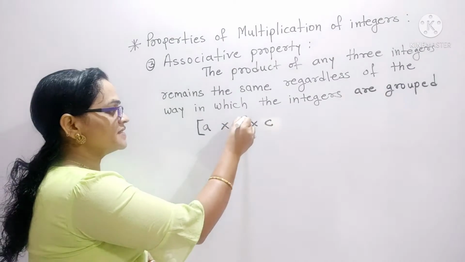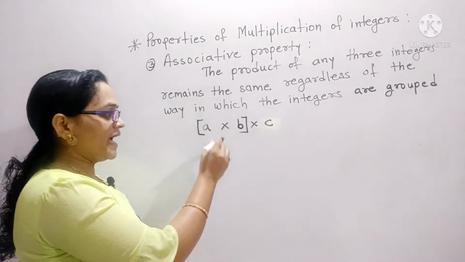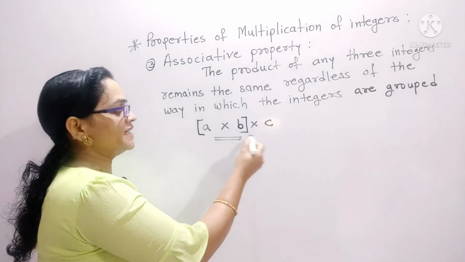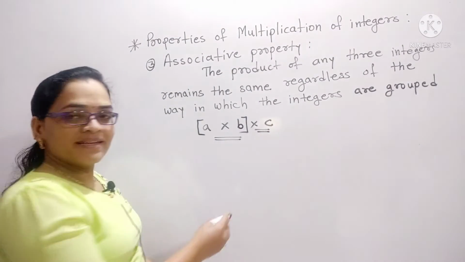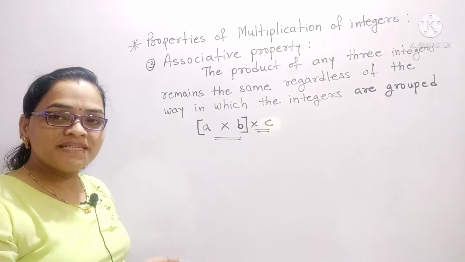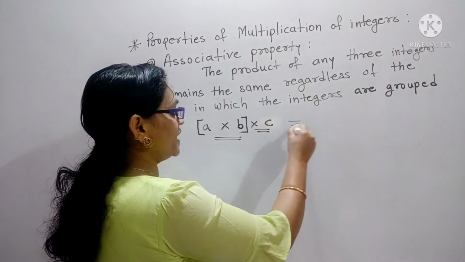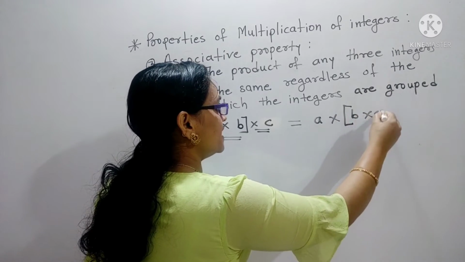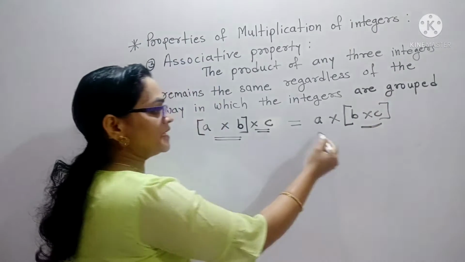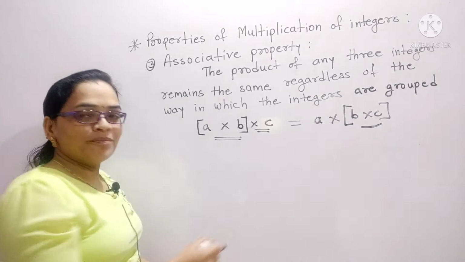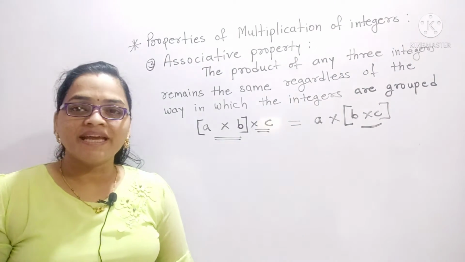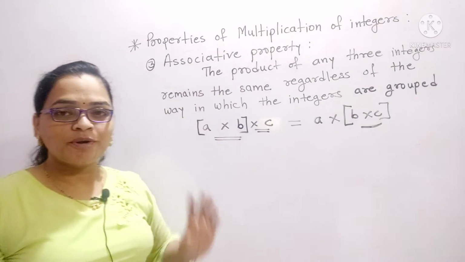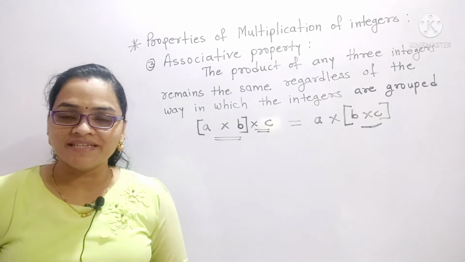If we multiply first A into B, and that product we multiply by C, then the product will be the same as if we first multiply B into C and this product multiplied by A. The product will be same only, and this is the associative property of multiplication of integers.